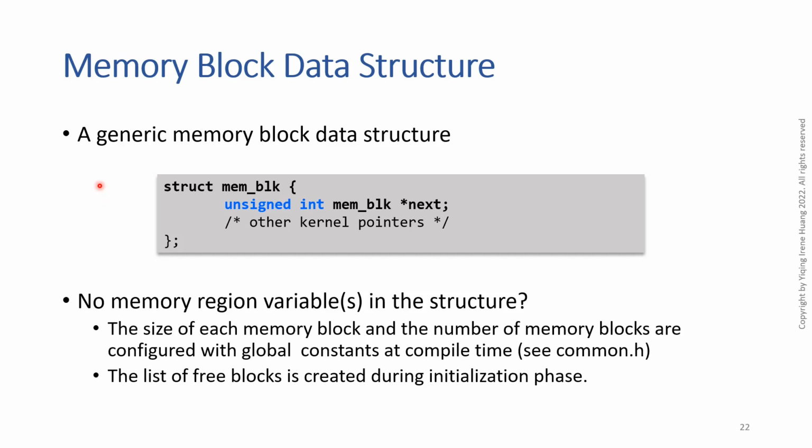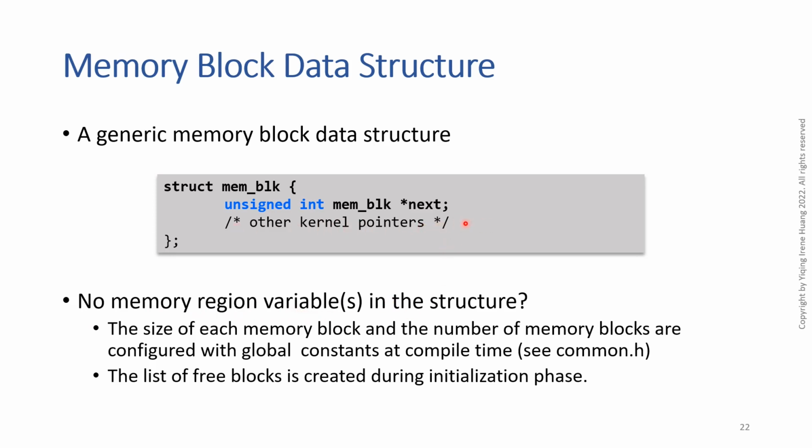Here is a generic memory block data structure. So I have the linked list next pointer. This is the first field in the structure. So if I have a generic purpose queue implemented using a linked list, and in that linked list the first field is also next, then I can do casting to use the generic purpose queue facility I created using the linked list. You may also notice that I have no memory region variables inside this data structure.